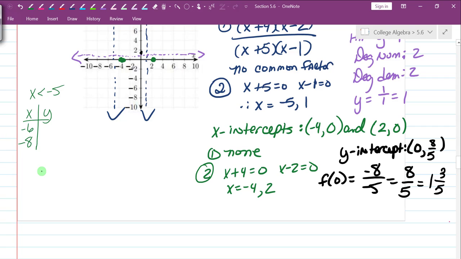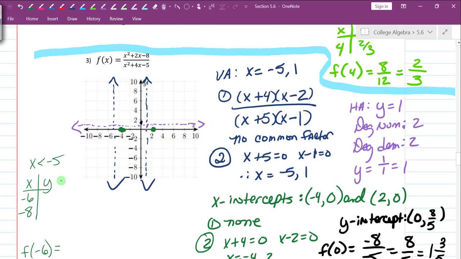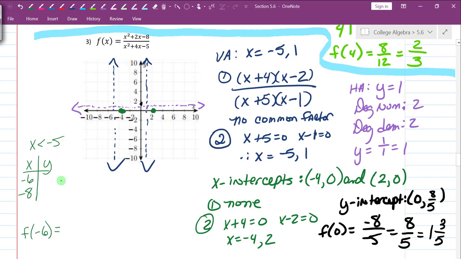So f of negative 6, the function evaluated at negative 6, is going to give me negative 6 squared is 36, plus 2 times negative 6 is negative 12, minus 8, divided by negative 6 squared is 36, minus 24, minus 5. My brain is pretty tired, so I am going to punch this in my calculator. 36 minus 12 minus 8 gives me a numerator of 16.